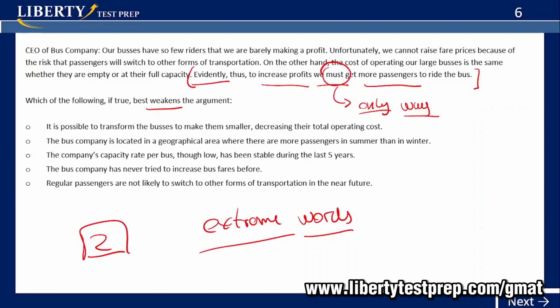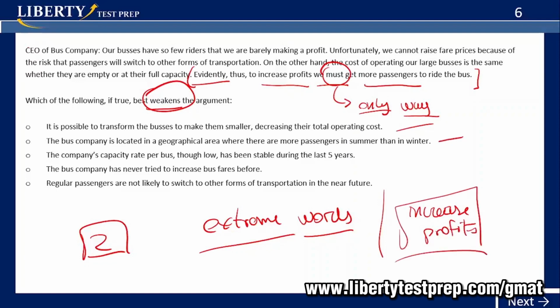Okay. Now, how can we weaken that? Very easily. We can say that that's not the only way, that there is another option for us to increase the profits. So that one which tells us that there is another way to increase profits will be the answer here.